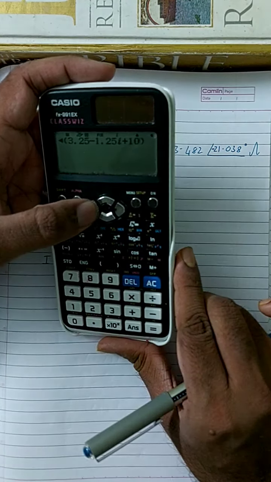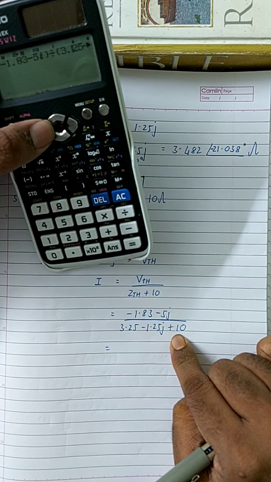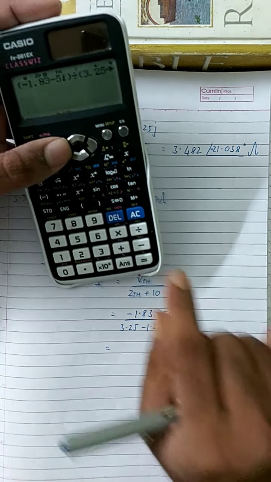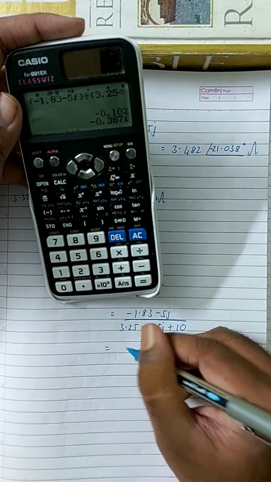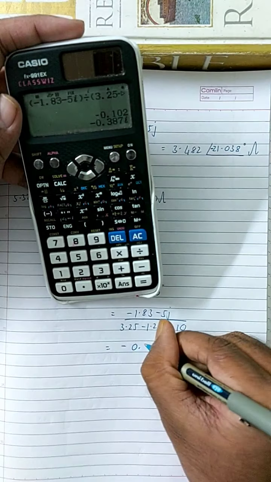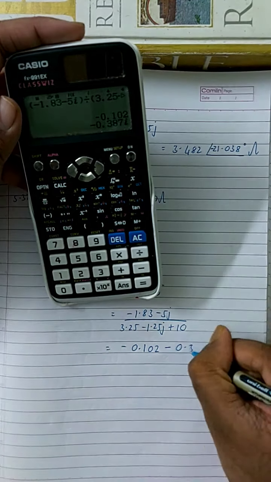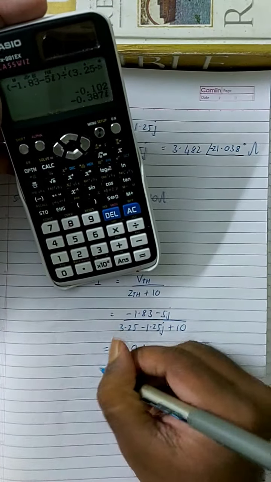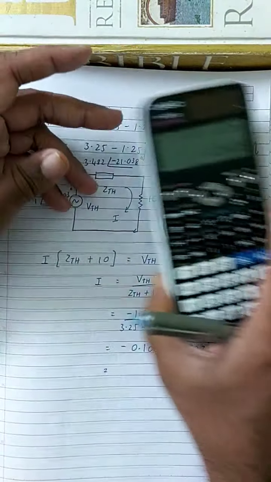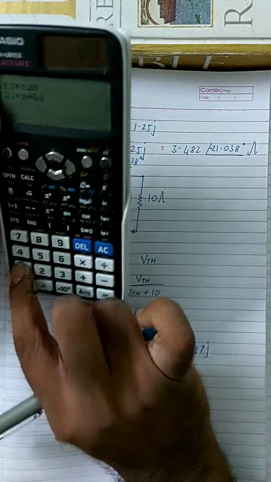The denominator is 3.25 minus 1.25j plus 10, and the numerator is 1.83 minus 5j, and you will get the answer as minus 0.102 minus 0.387j. That's the current.